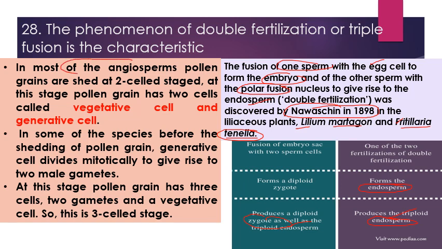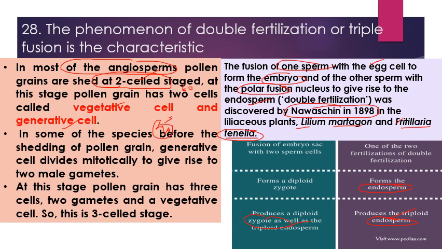If we talk about the dispersal of pollen grains, in most of the angiosperms, approximately 60%, the pollen grains are shed at two cell stage. These two cells are vegetative cell and generative cell.